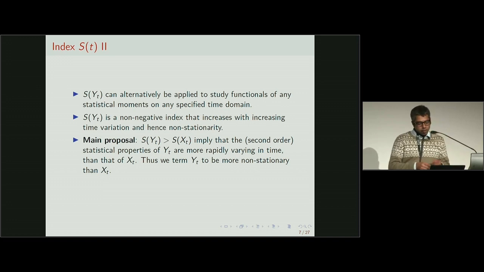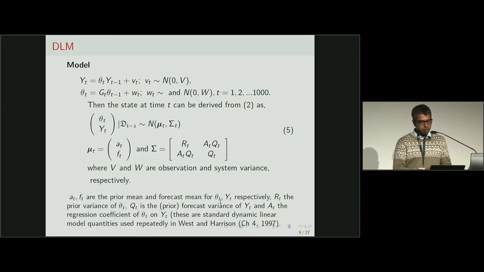And our basic conjecture is this: for two different time series, YT and XT, observed over the same interval of time, if SYT is greater than SXT, then we will say that YT is more non-stationary than XT, in the sense that YT varies more rapidly in time than XT with respect to the statistical moment that we are studying. And if the process is close to second order stationary, then we would expect that SYT is very close to 0. Okay, and now we'll go to see some simulations.